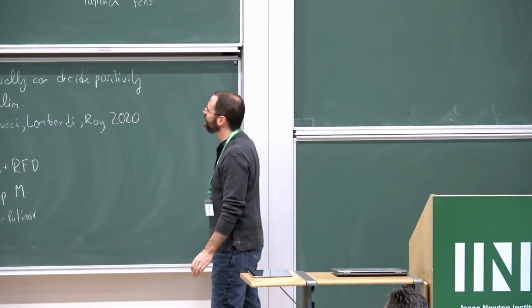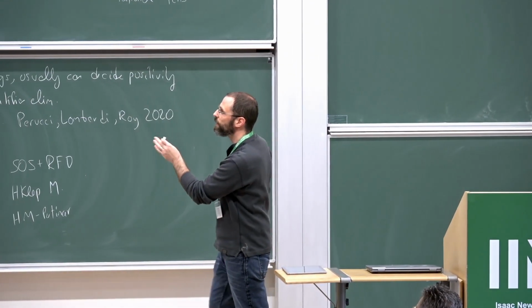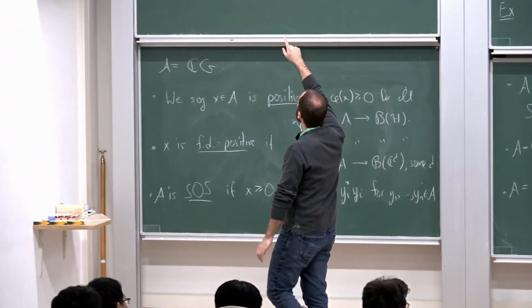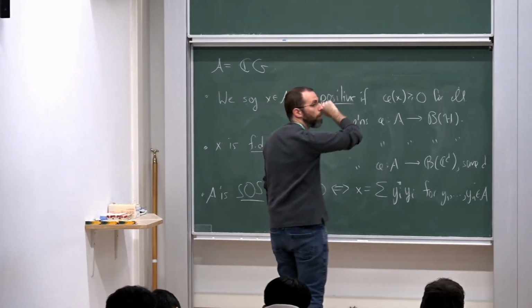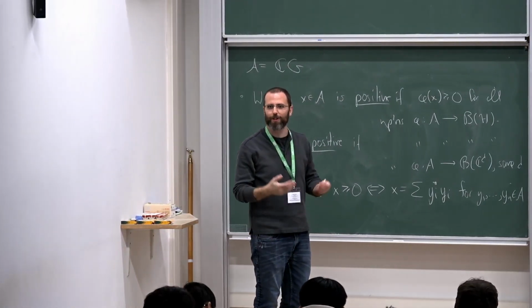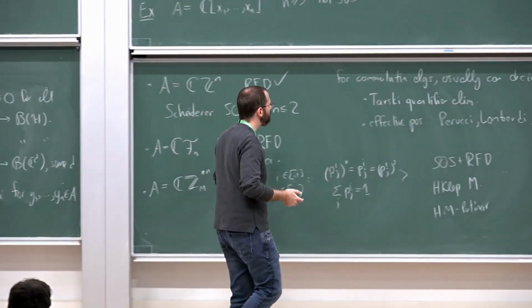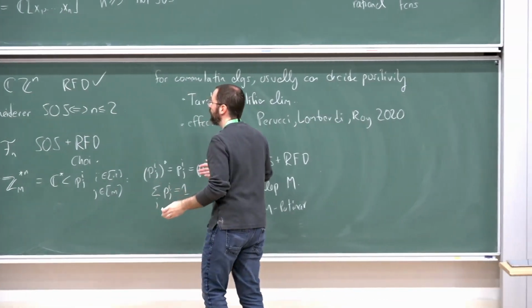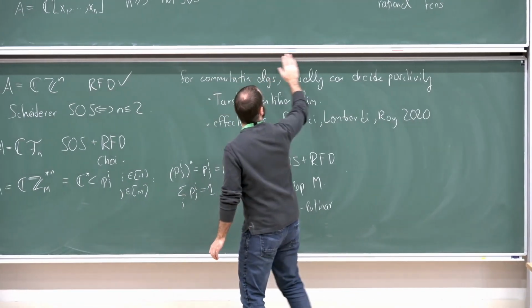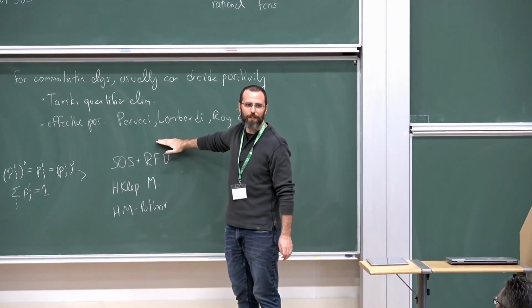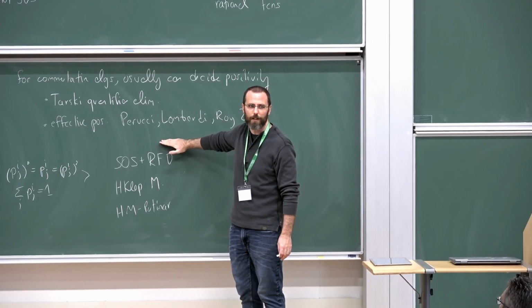So it seems like when we look at our original question, whether we can decide whether something's positive in an algebra, the situation looks pretty good. We look at the commutative case, which has been studied for a long time, and we say, hey, there's a pretty deep theory here, some crazy things can happen, but in general there are some very general methods that let us decide whether something's positive or not.